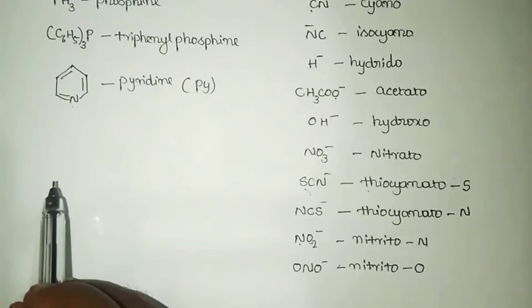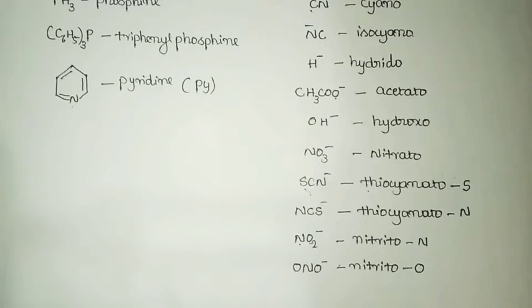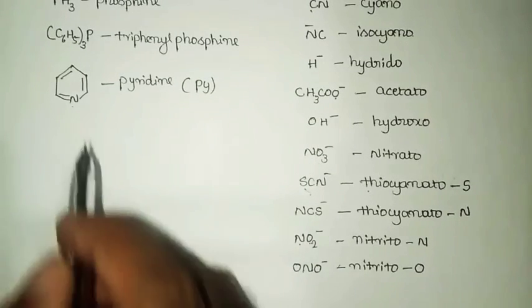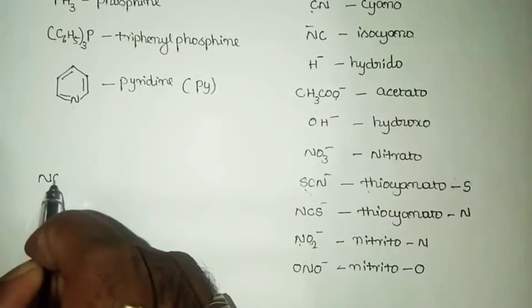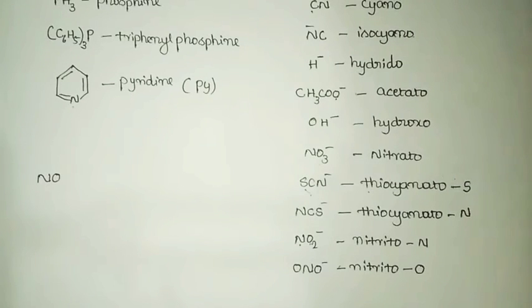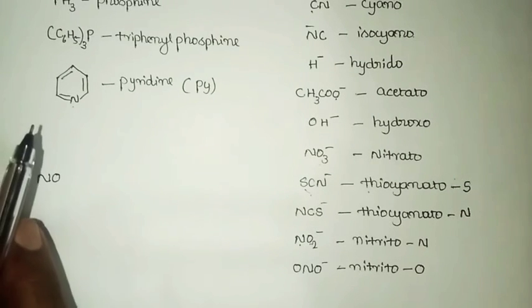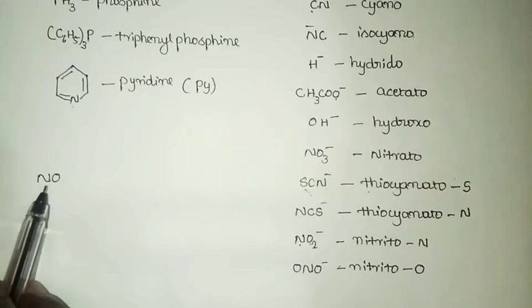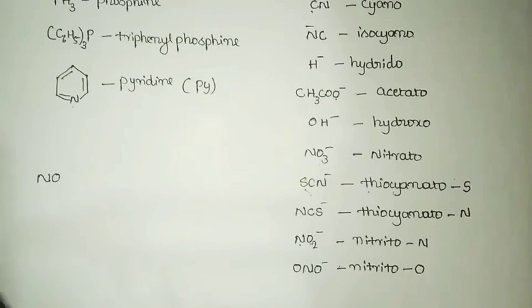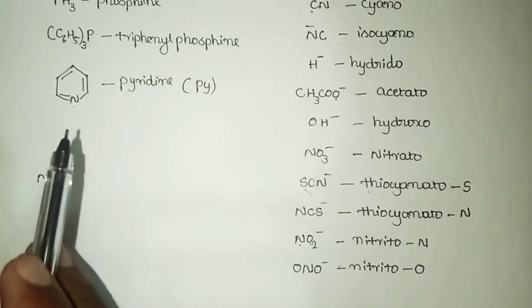And let me give you some simple examples for positively charged monodentate ligands. If you consider nitric oxide, NO, in the previous case of neutral monodentate ligands, we said nitric oxide is neutral, and we called that nitrosyl.